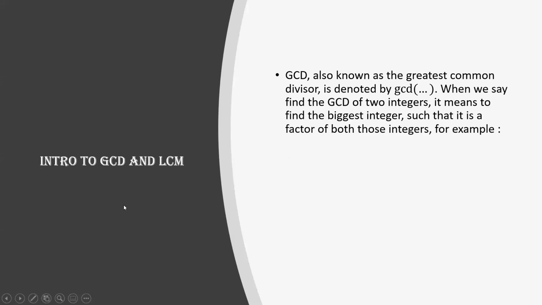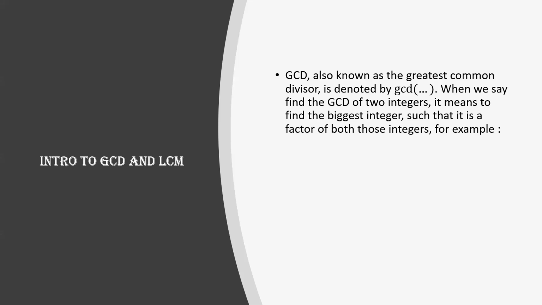So first, let me introduce you guys to GCD and LCM. Firstly, GCD is also known as the greatest common divisor. If you take the English meaning of all three words, greatest means it is some greatest number with a condition.